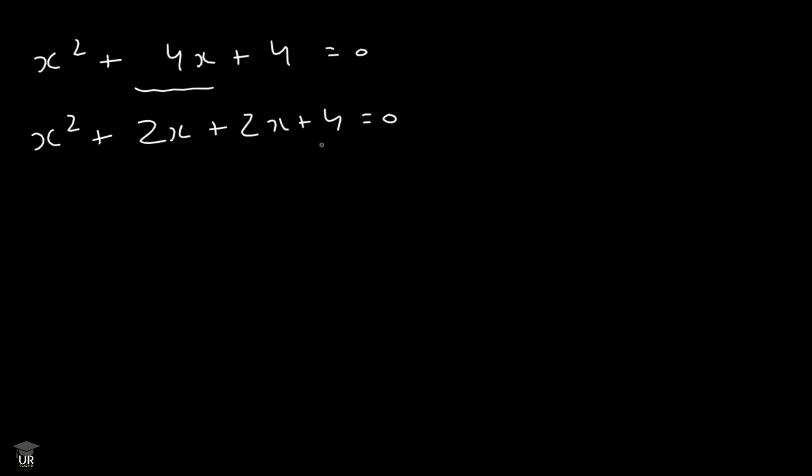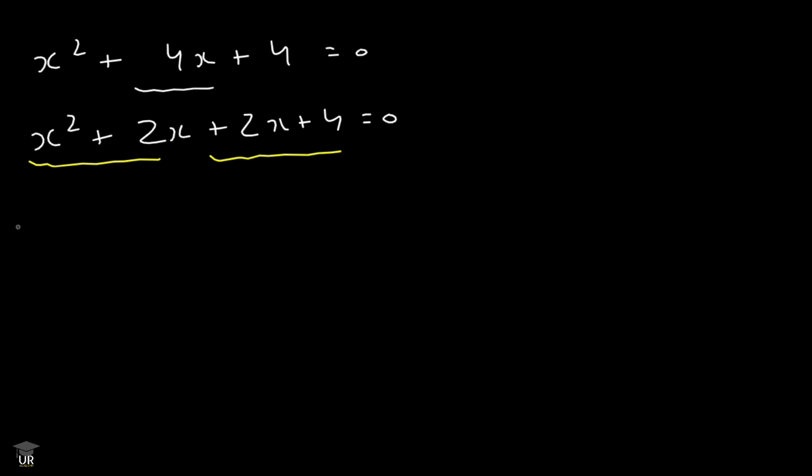So let's just break this down. x square plus 4x plus 4 is equal to 0. Let's break down this middle term. So I can break it into x square plus 2x plus 2x plus 4 is equal to 0. So let's take a common from this and a common from here.